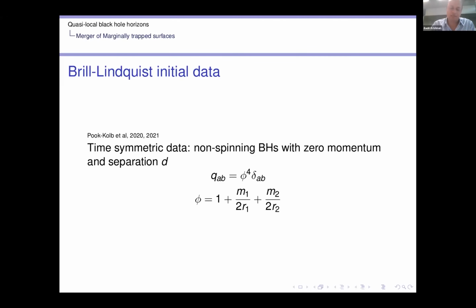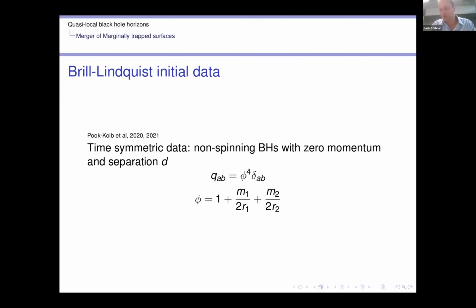We're looking at cases in which I have two black holes merging, and these are quite high accuracy simulations. An important feature here, which is not true for most other simulations, is that we have an extremely accurate numerical method for locating these marginal surfaces, which works in extremely distorted cases as well.